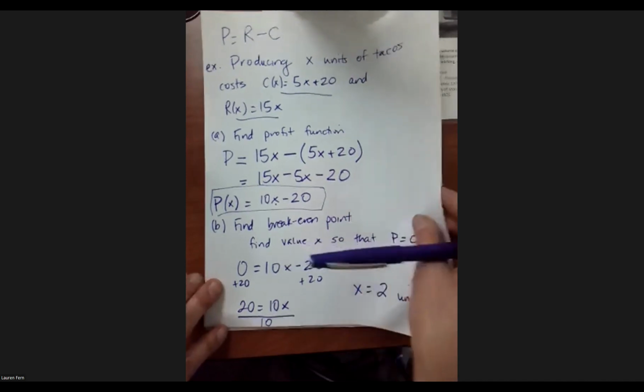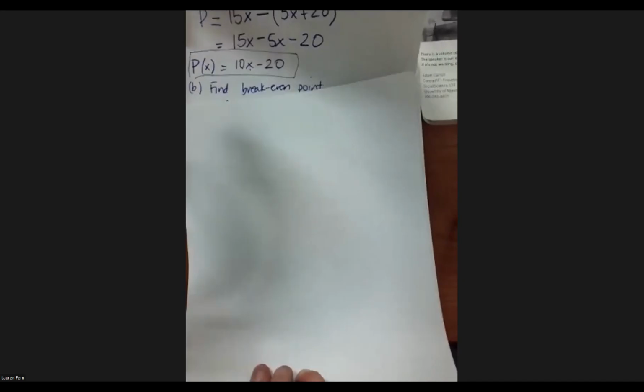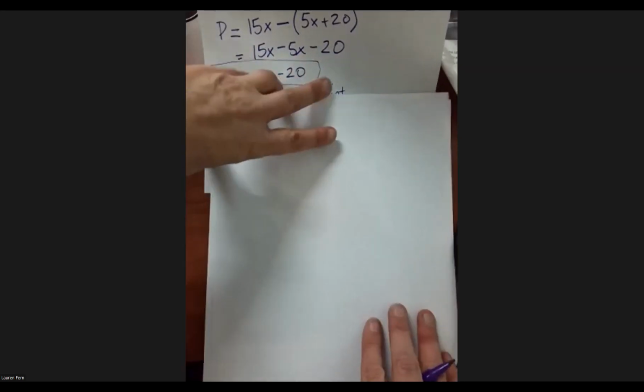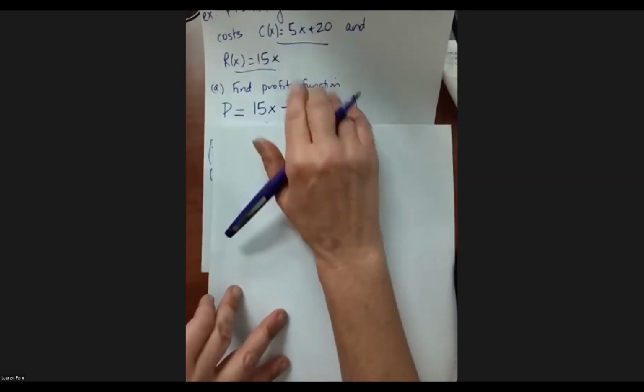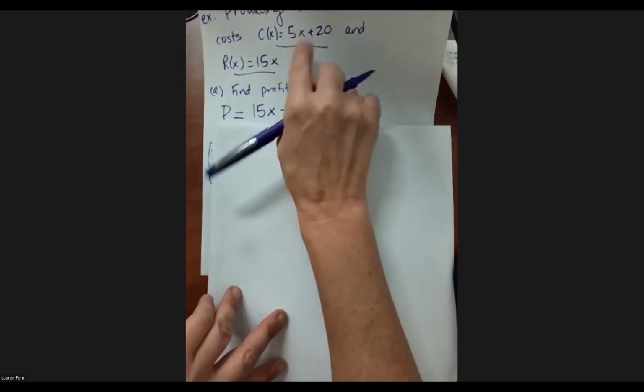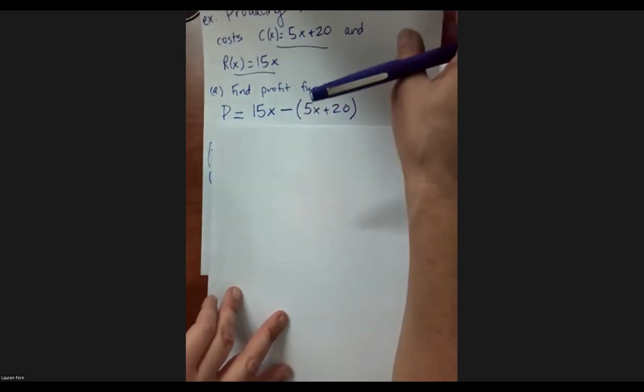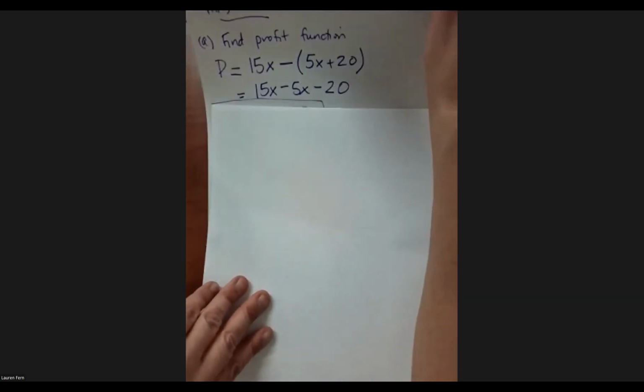All right. Well, let's just play around with this a little bit more, and then we're going to get to a little bit more of an involved example. And when I say a little bit more of an involved example, it means you're not going to be given your cost and your revenue function. Okay.